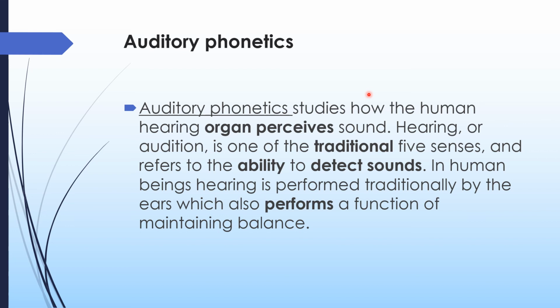That's the problem. In human beings, hearing is traditionally performed by the ears, which also perform the function of maintaining balance. If you cannot detect the sound, you cannot use the sound. So it's the whole process, and you cannot escape any of it. You need articulatory, acoustic, and auditory findings. So these are the three branches.